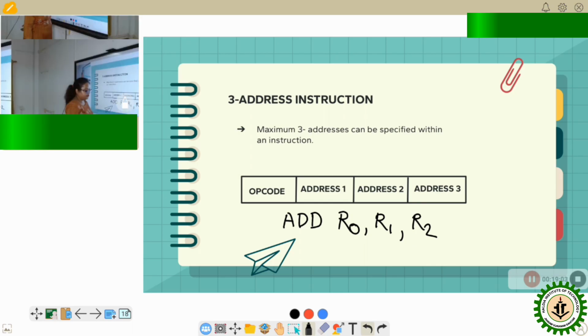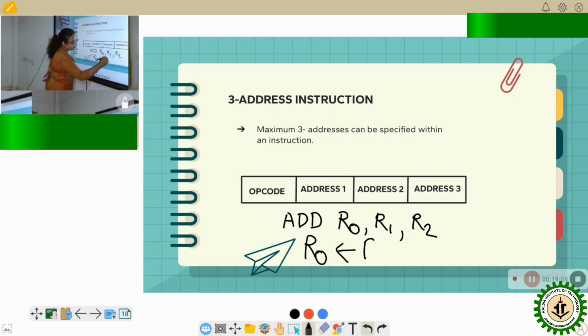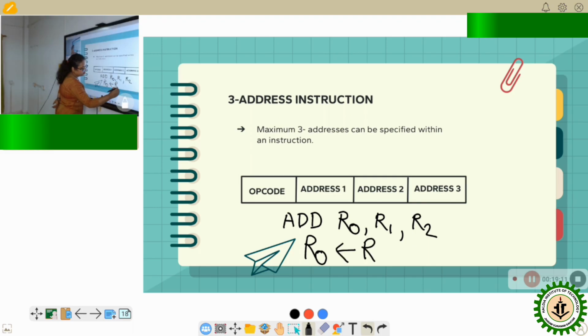So we are performing addition. In R0, I can perform the addition, that is R1 plus R2. So we can perform a 3 address instruction like this.